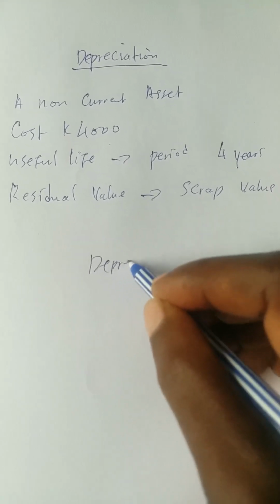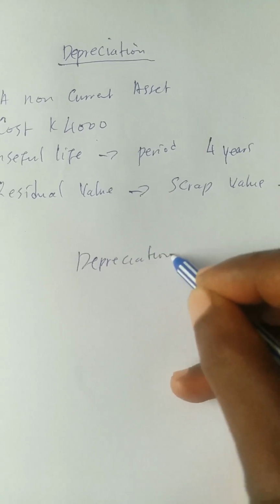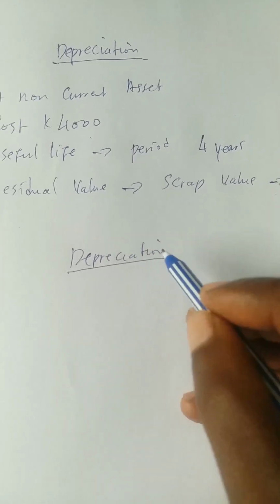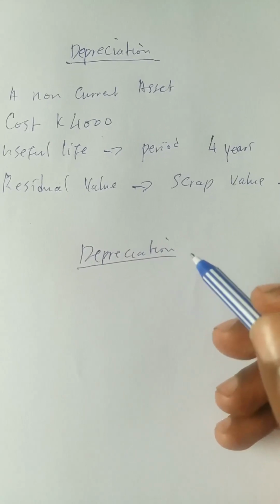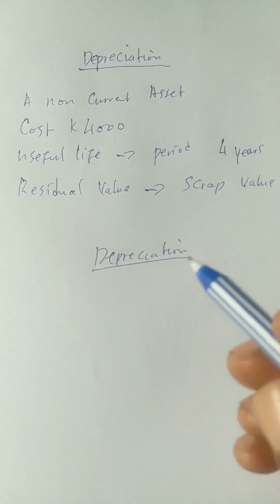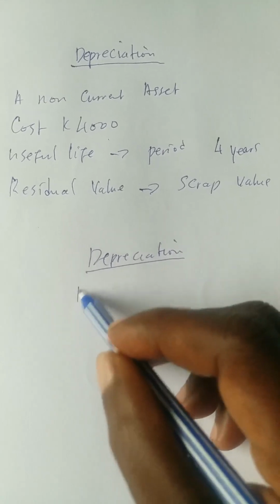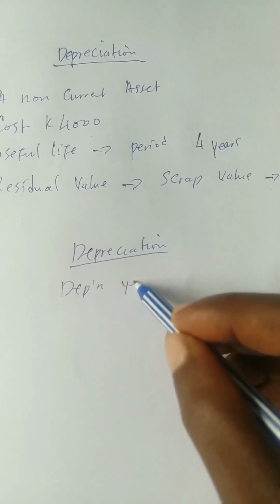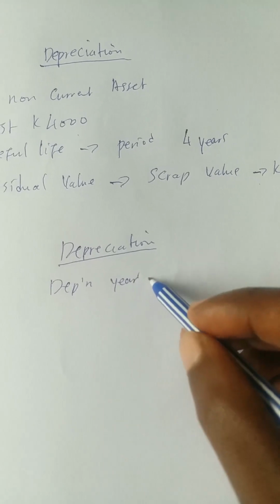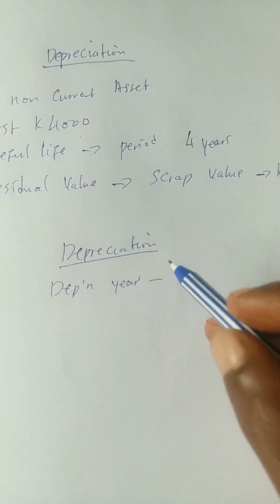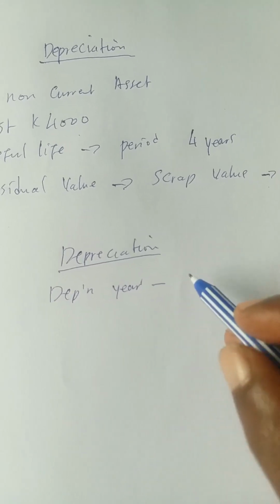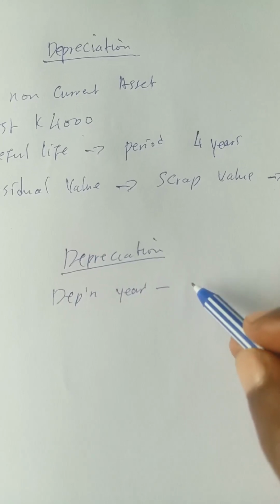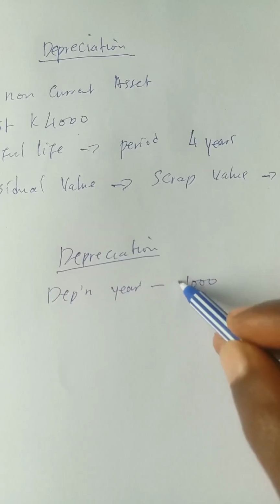I'll give a typical example about the methods of depreciation so that you understand fully, but this is a concept to start with. So let's say depreciation per year, you estimate this non-current asset will be declining in value by 1,000 kwacha.